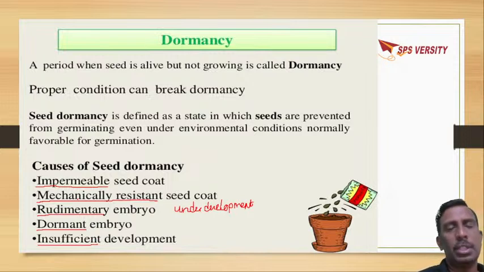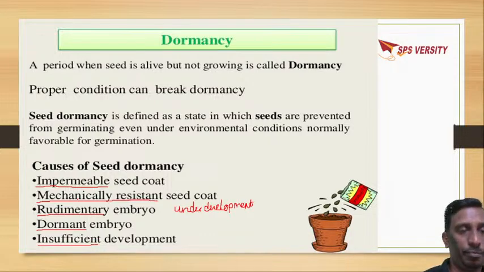To overcome this, there are many methods, like mechanical methods, where they will make a scar. They'll just scarify the seed coat so that it becomes permeable. Okay. They're exposed to low temperature. Like this, there are many methods which will break this seed dormancy. Like if you apply gibberellins, they will break the seed dormancy.